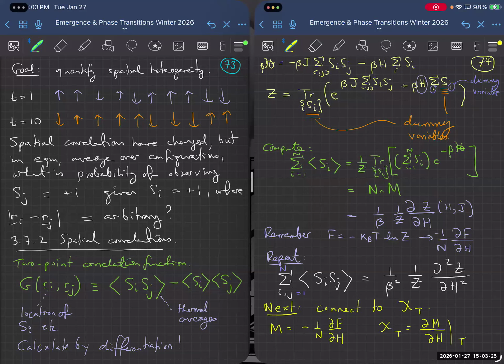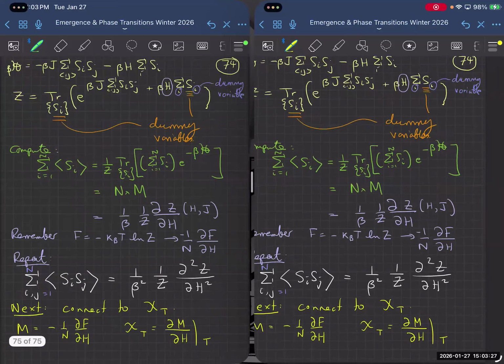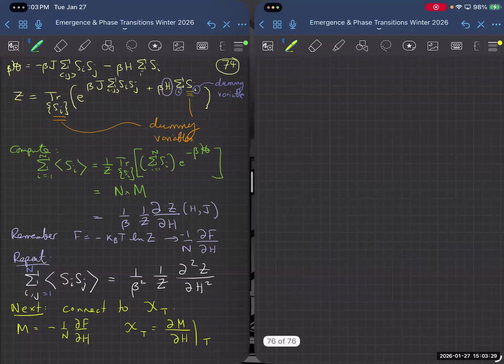And so if I were to write that down, keep that over there on the left-hand side, then chi_T is equal to d/dH of m, and m is -1/N dF/dH.